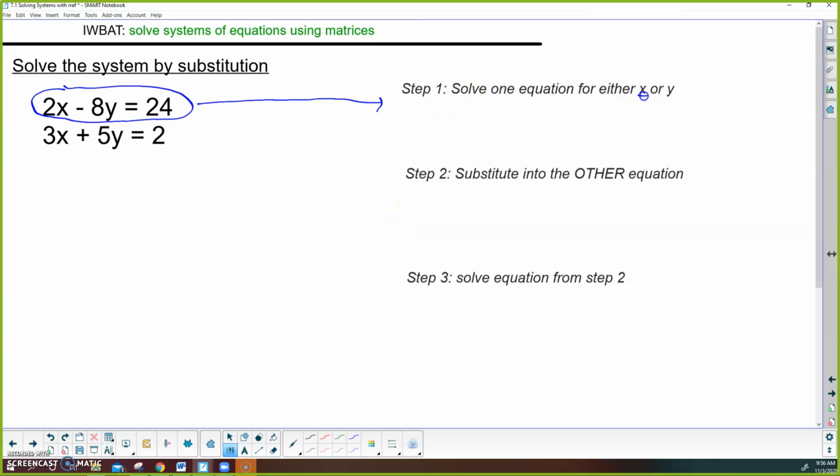So let's take the first equation and solve for x. Get x by itself. And then when you're done, you should be able to plug x equals your answer into the other equation. So go ahead and try this. I want to see how much you remember.